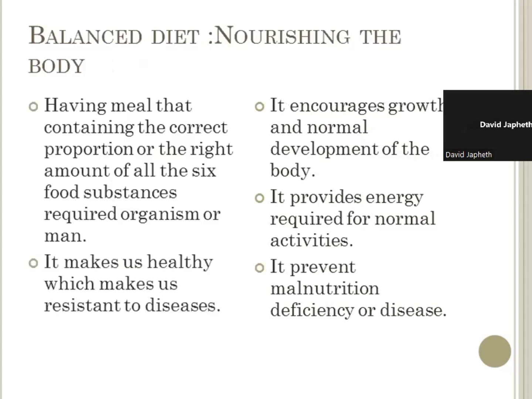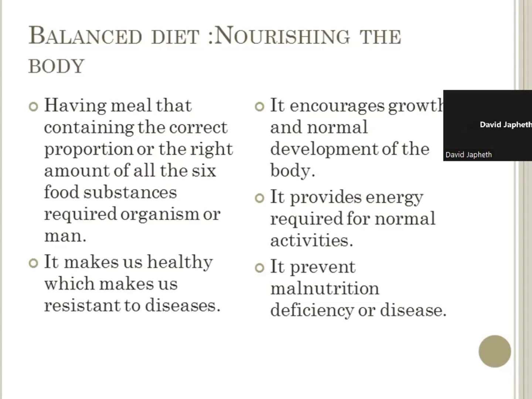Balanced diet, also known as nourishing the body. What is a balanced diet? A balanced diet means having meals that contain the correct proportion of the right amount of all six food substances required by the organism.